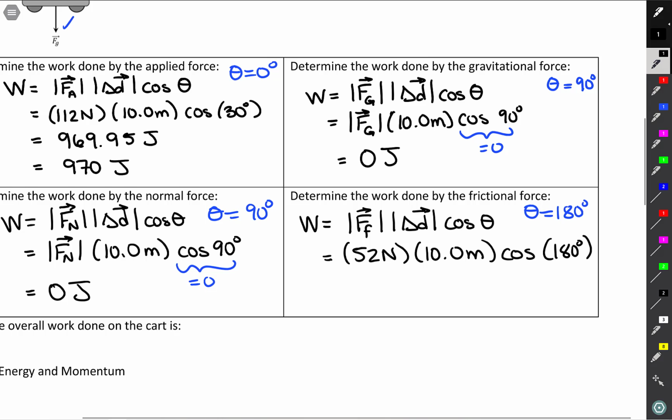And if we work through that on our calculator, we get that it's negative 520 joules. Negative 520 joules. Cool. So we found out that because this work is negative, that means that friction is actually removing energy from our cart.